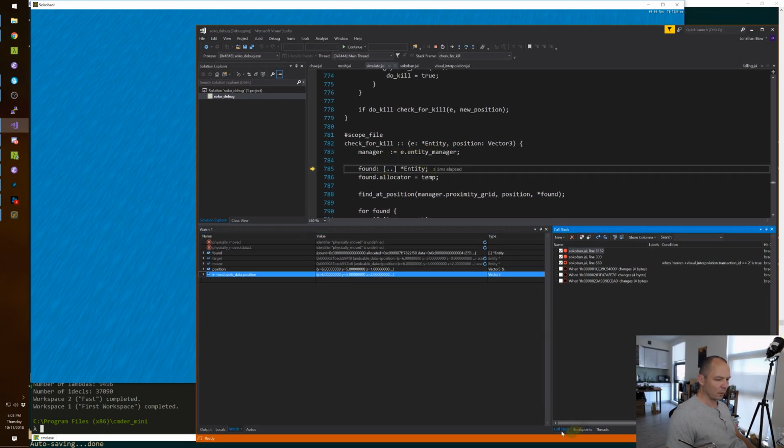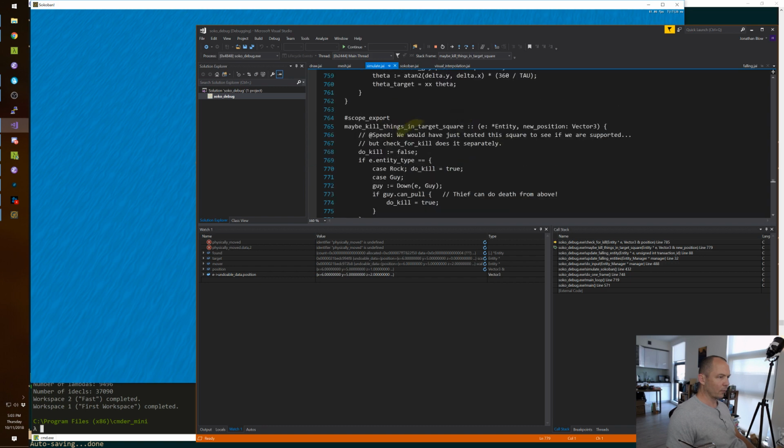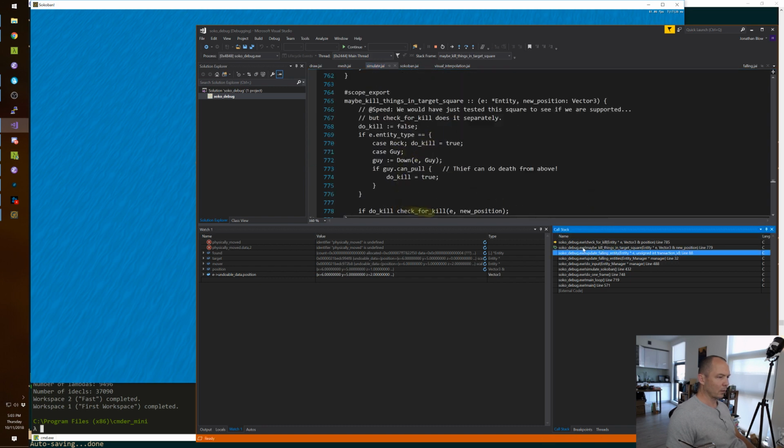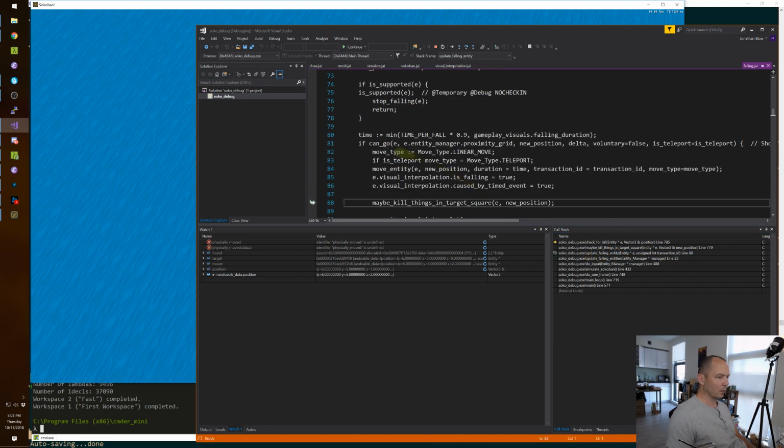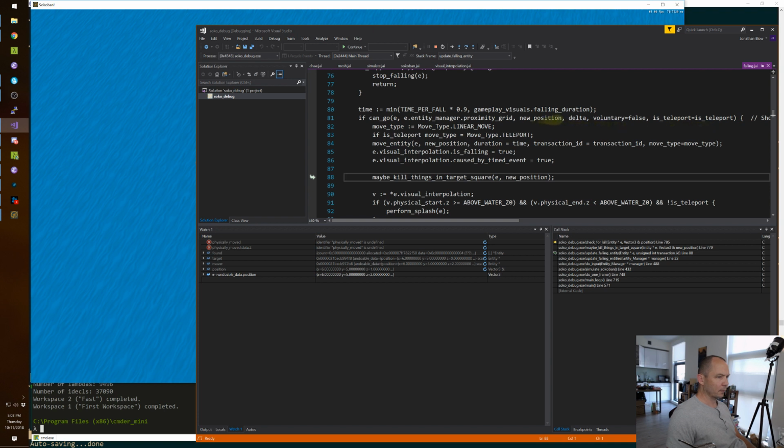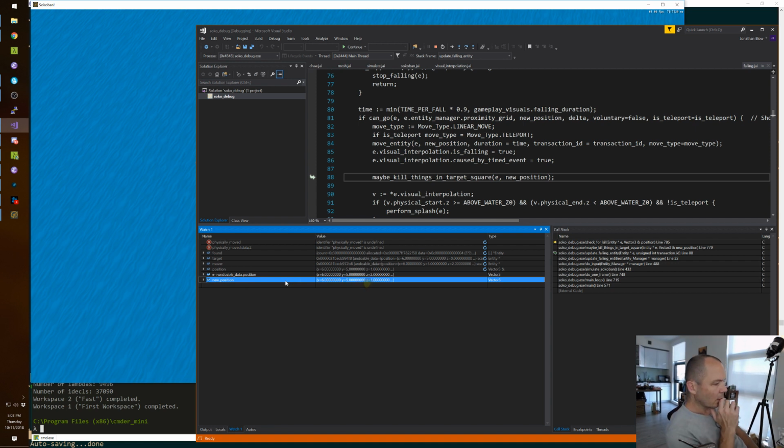Why are we checking that here? New position, Z equals 1. Well, there just won't be anything in the target square.